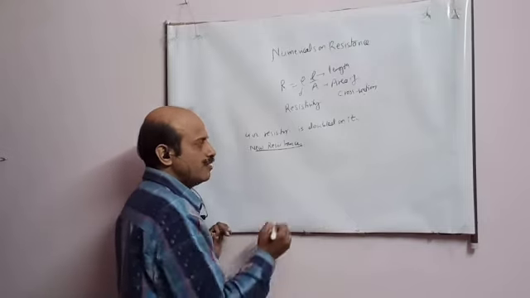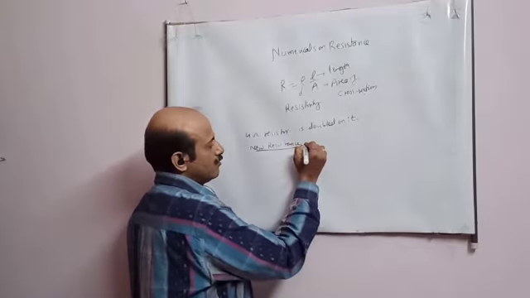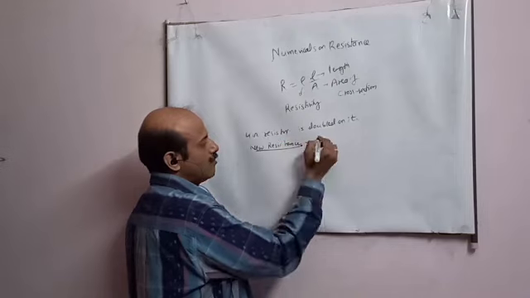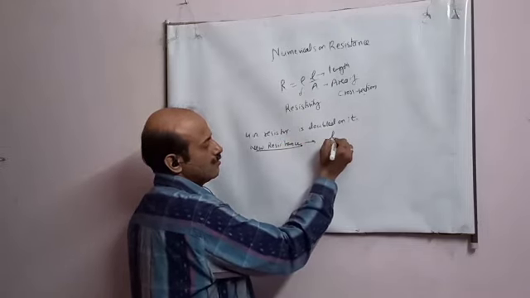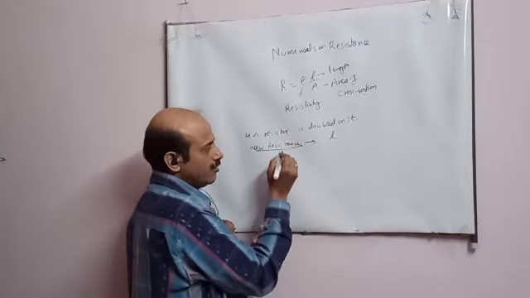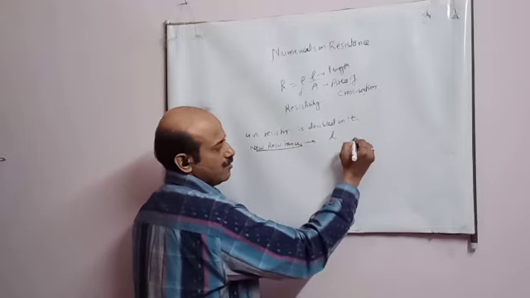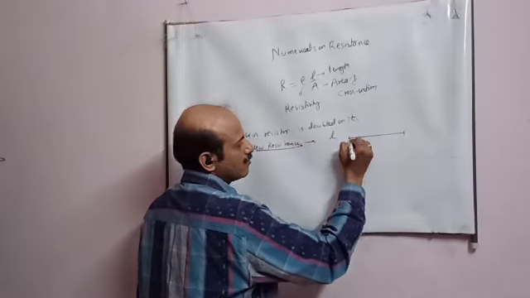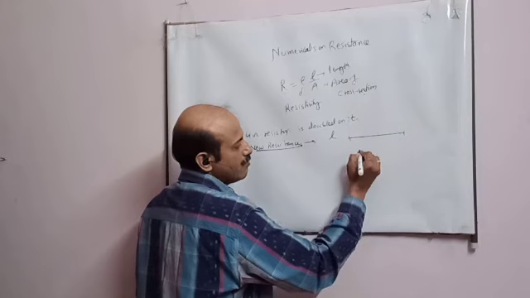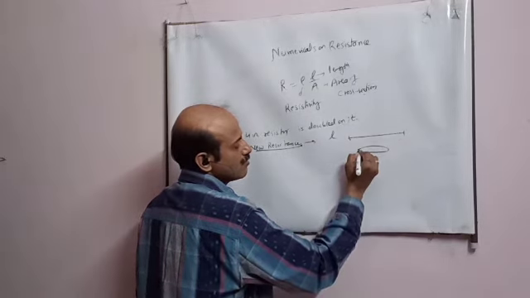Now see, suppose the original length is L. It is written doubled on itself, so I am just making it like this.